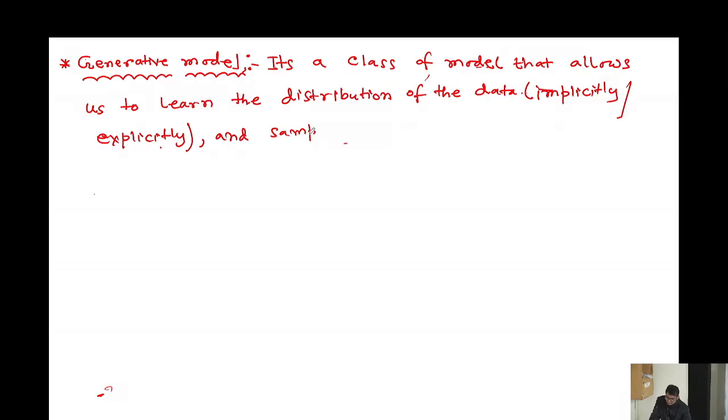It not only allows you to learn the distribution, but you can now use that to sample, which means to generate new data. Data that you have not observed, but data that is from the same distribution. Assuming you have trained your model adequately and the learning is perfect, so all of those will come later. But yeah, and sample from it. So this is the definition of generative model that we arrived at in our last lecture, right?